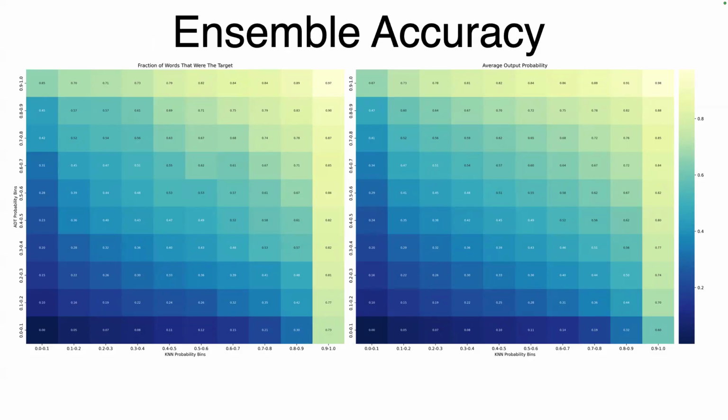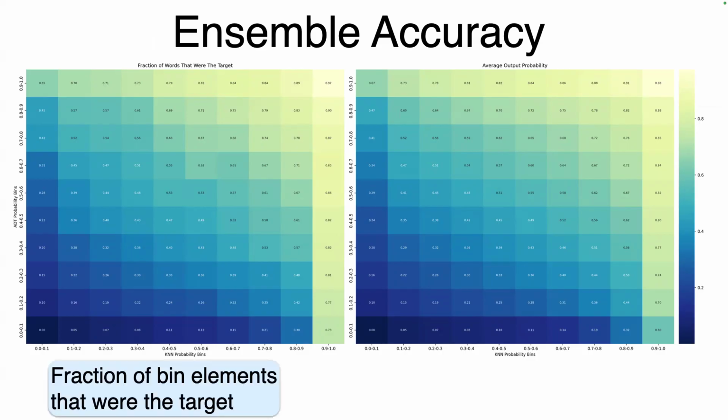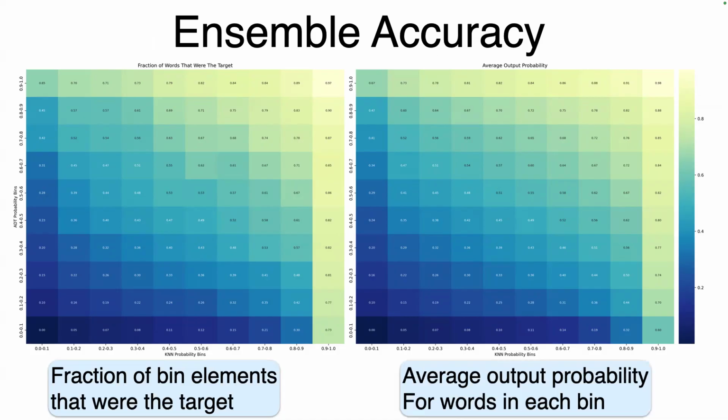And this is what we get with the method that we are applying. So the accuracy that we get is very similar to the actual accuracy that we see for the next words. This is the fraction of elements in the bin that actually appeared, and this is what we predicted.